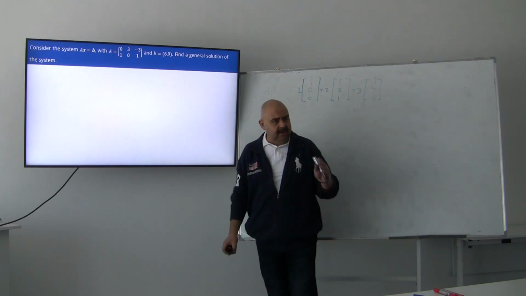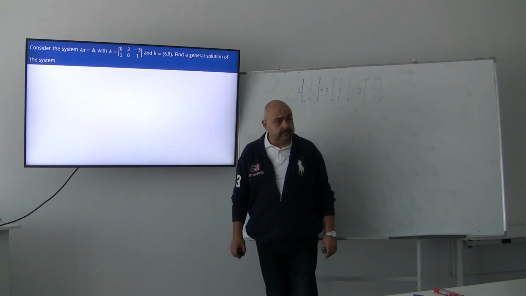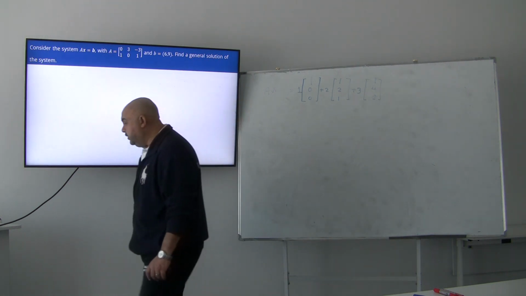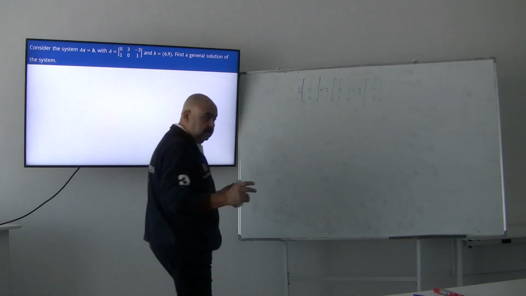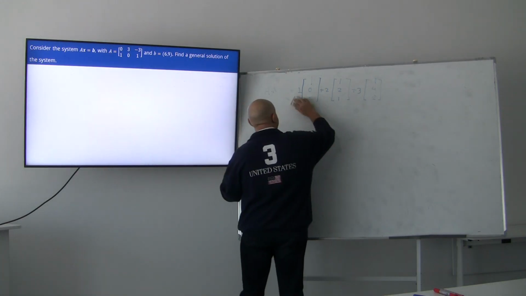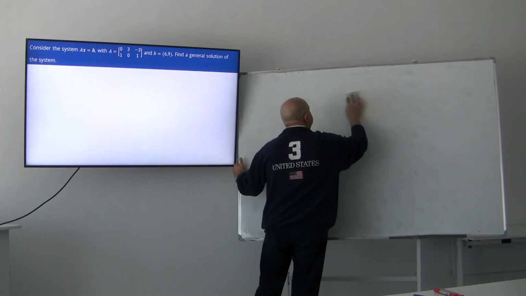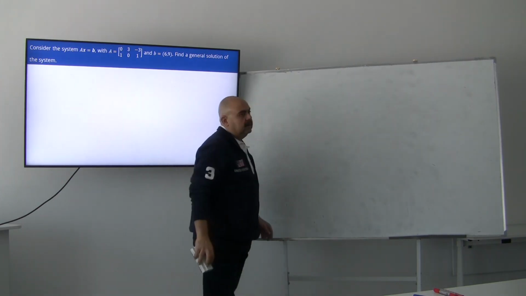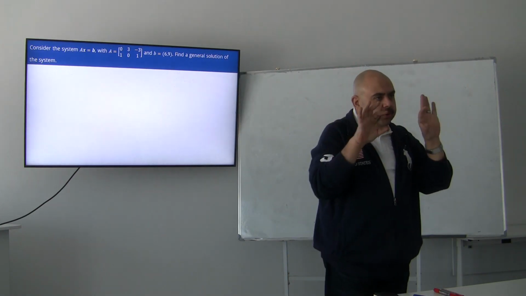As you can see, Mr. Firas, if this system can develop a unique solution? No way. Why no way? Because the A matrix, how many equations, Mr. Firas? 2 equations. You have 2 rows, so it's 2 equations.